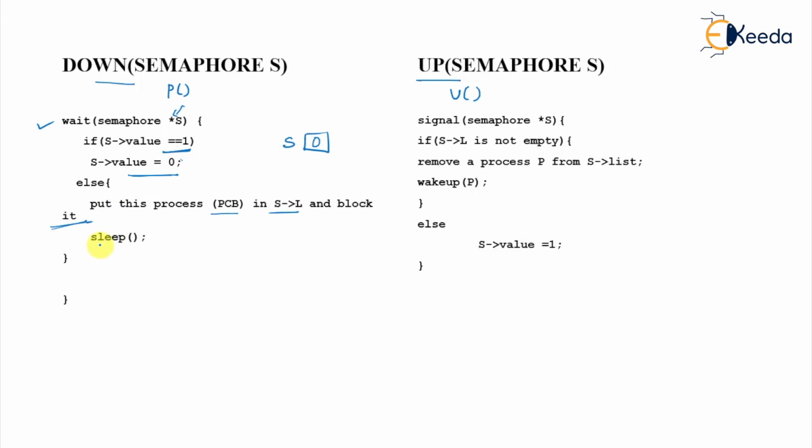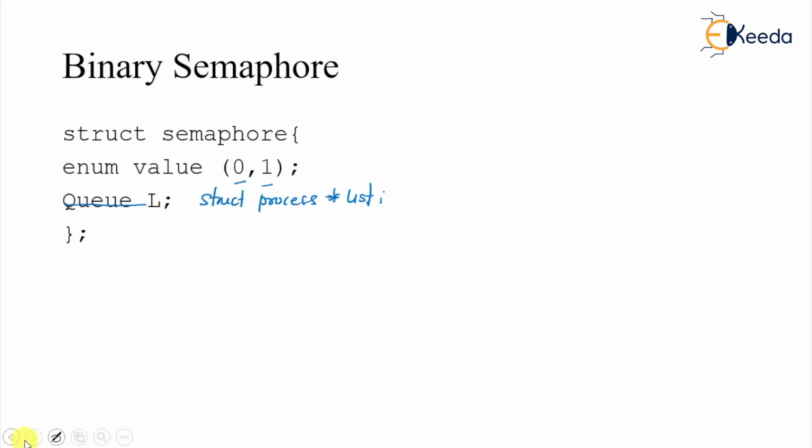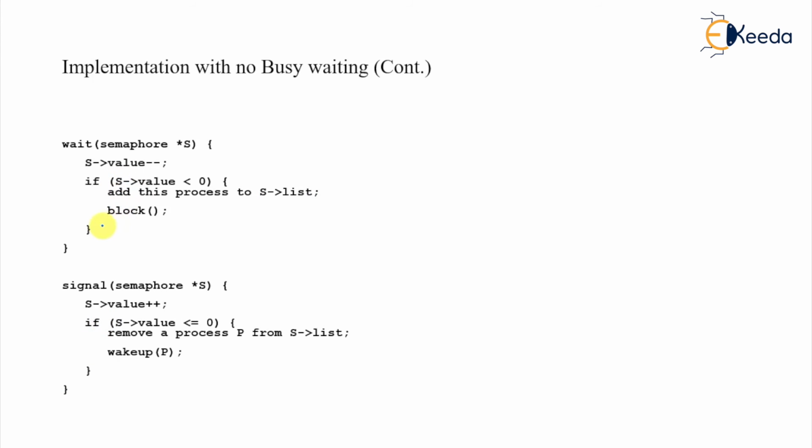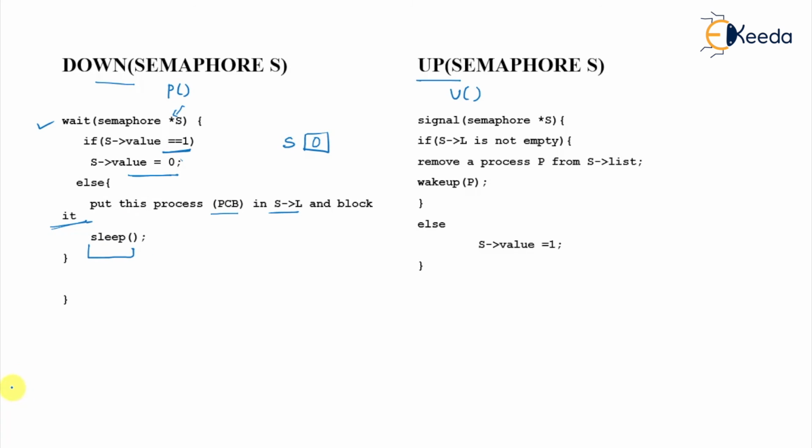Another command for blocking is sleep. In the previous one we said block, or we can also call it sleep. But do not get confused with these two terms; block and sleep are used alternatively.